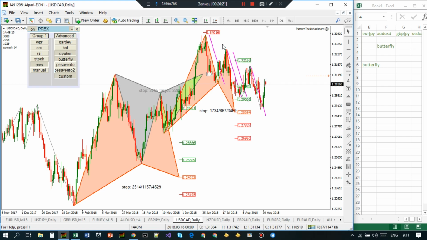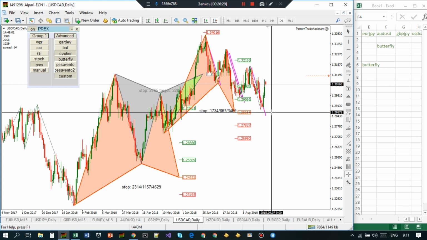So if you compare, they all coincide. One move, second move, and the third move, and they point to this area of 128.69, 128.70 on daily. So if it completes, it will be a good trading opportunity.